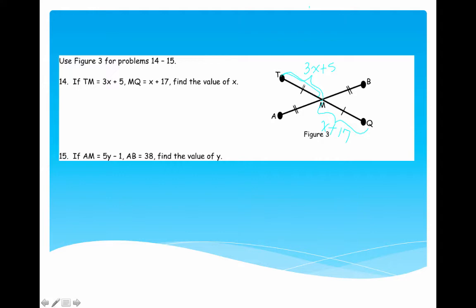Because of that single hash mark there, these two are equal. So we can just say, well, 3x plus 5 equals x plus 17. Subtract x from both sides. Subtract 5 from both sides. And dividing by 2, x is 6.